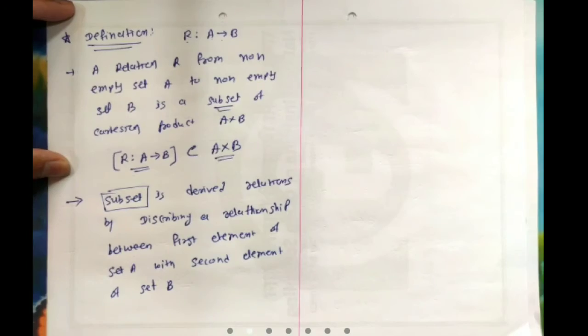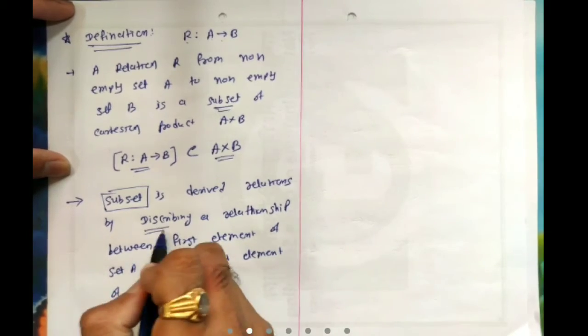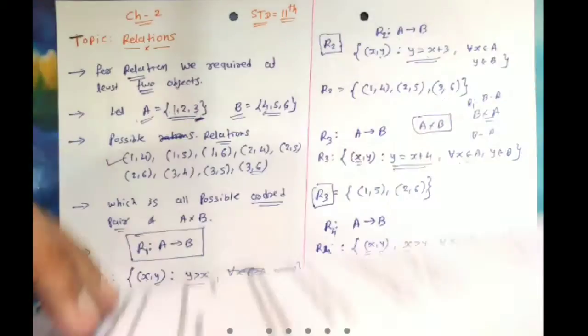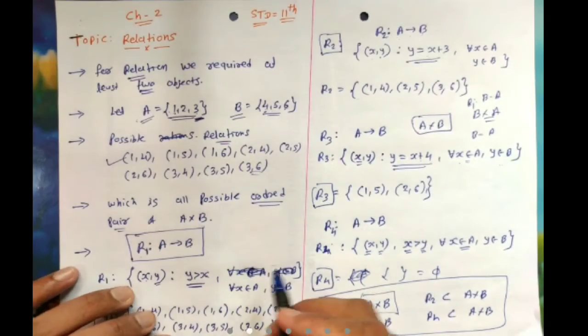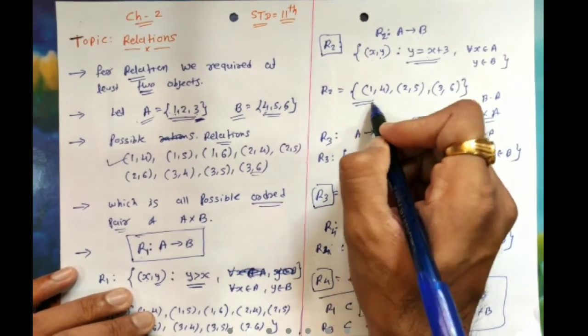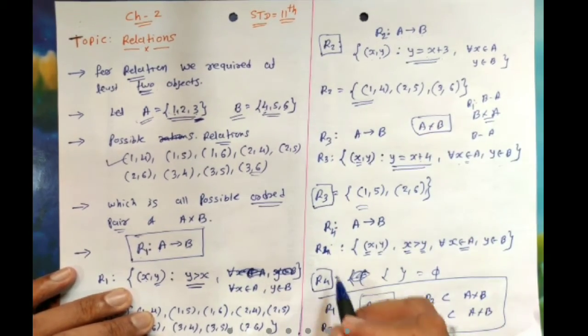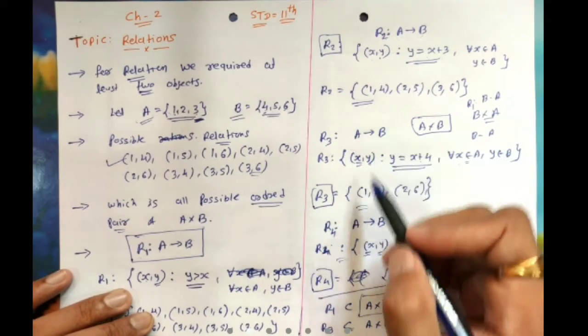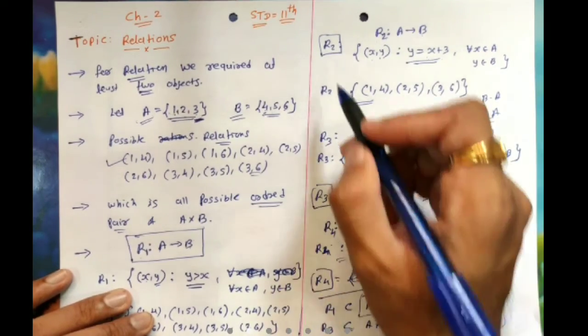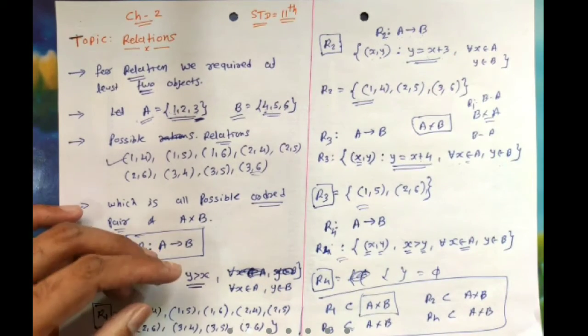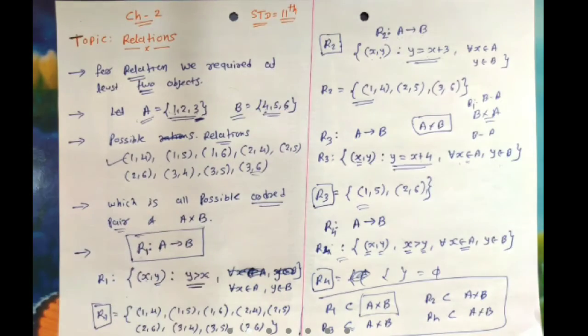We can derive the subsets by describing the relationship. Again, check this one. These are the subsets R2, R3, R4. So these subsets are obtained by defining the relation. If we can define the relationship between A and B, we can get the subsets of A cross B.